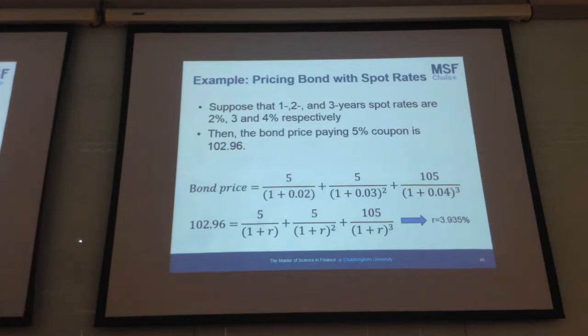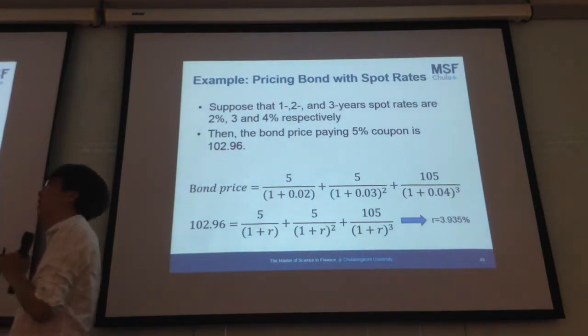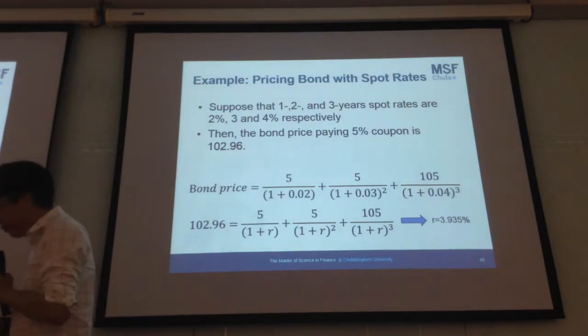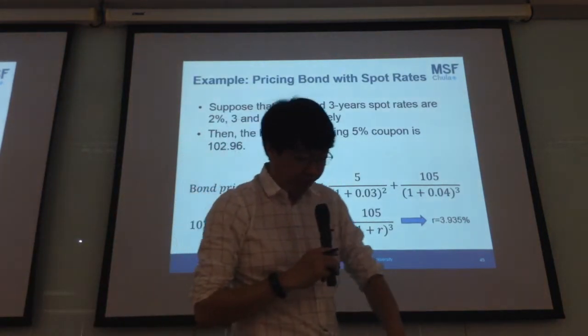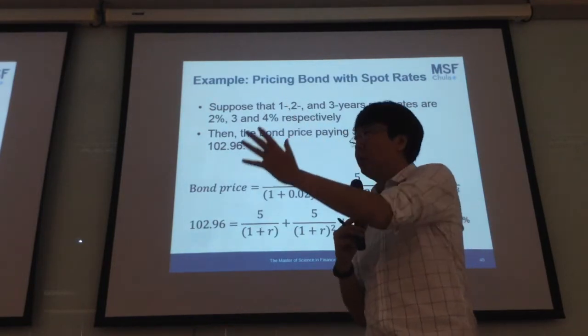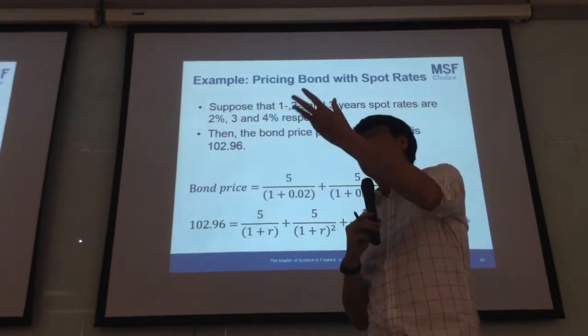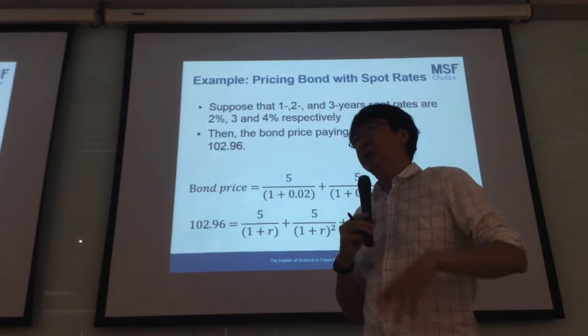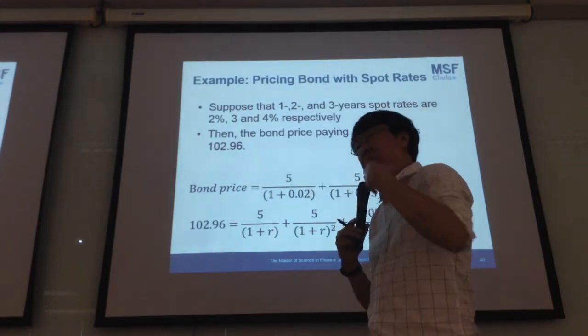The cash flow that occurs at year 1, we should use the discount rate for 1 year investment. For the $5 that occurs in year 2, we should use the discount rate for a 2-year investment horizon, and this is for a 3-year investment horizon. Investing in a 1-year horizon and 2 years should not get the same return or discount rate. That's the idea why this one may be more appropriate.